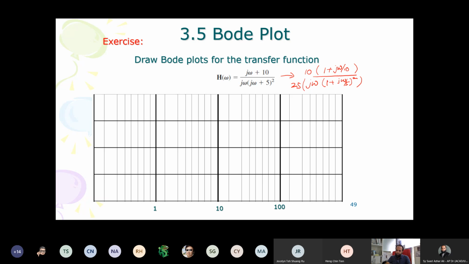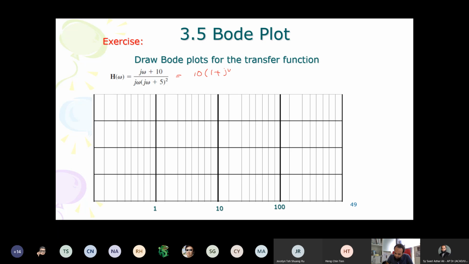Okay, so this is basically equal to 0.4 if I simplify it. Equal 10, 1 plus j omega by 10, j omega.